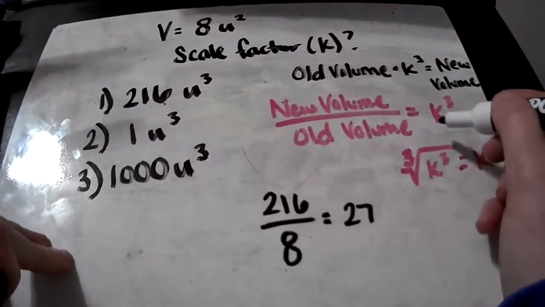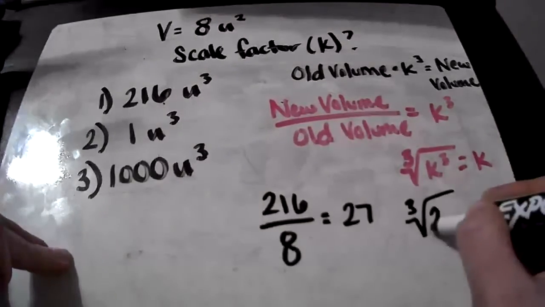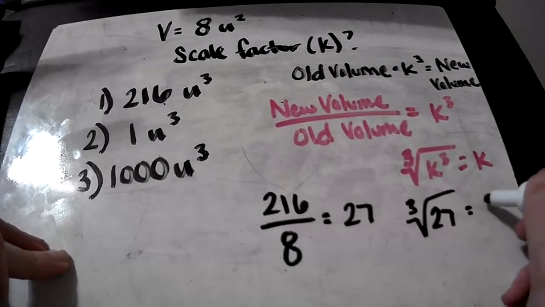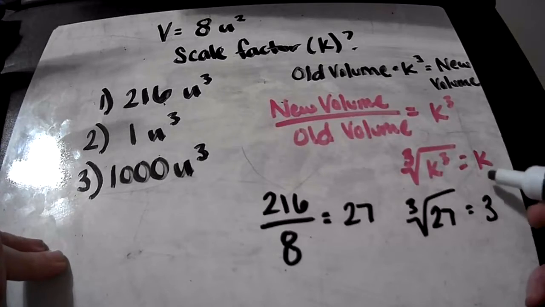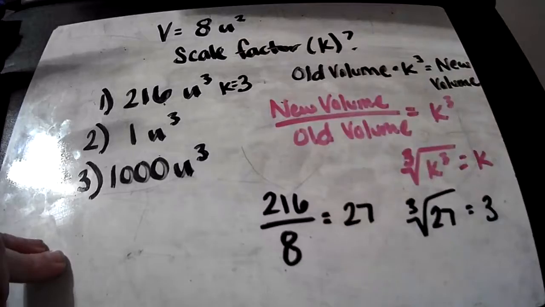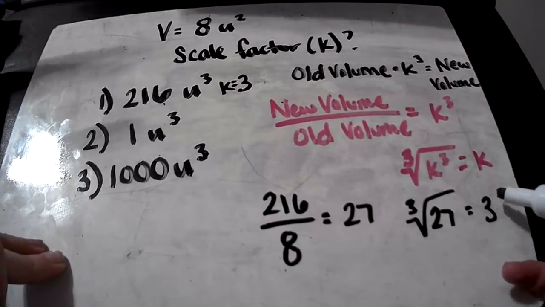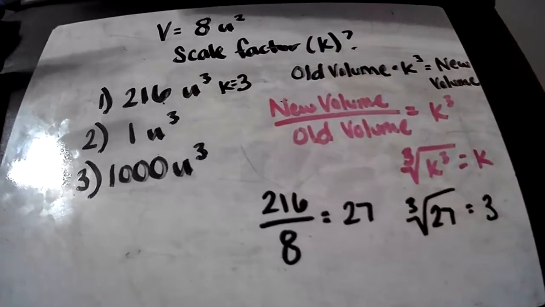If I want to figure out what just our regular scale factor was, I'm going to do the cube root of 27. The cube root of 27 gives me 3. So that means that our scale factor on number 1, k, was 3. If I do 8 times 3 to the third power, I'm going to get 216 for my new volume.